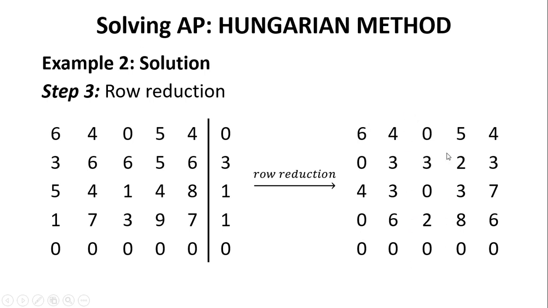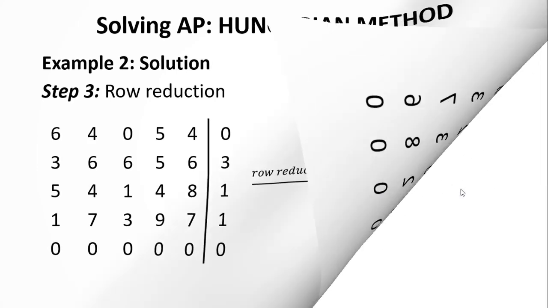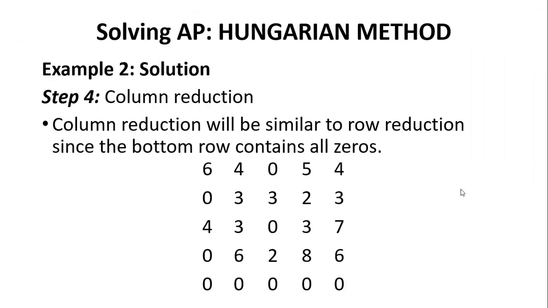We have 0, 0, 0, 0, 0 here. So the least element in each column is 0. So the column reduction basically will look like this one. So this is the column reduction, and as I said, it is similar to the row reduction because each column has a lowest element which is 0, so there will be no changes.